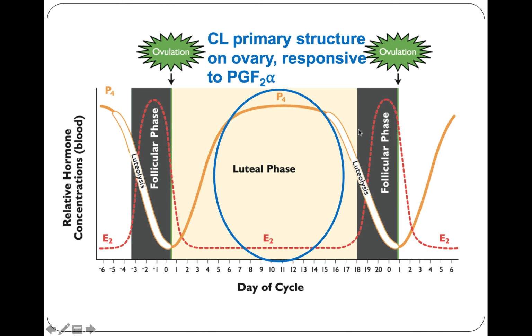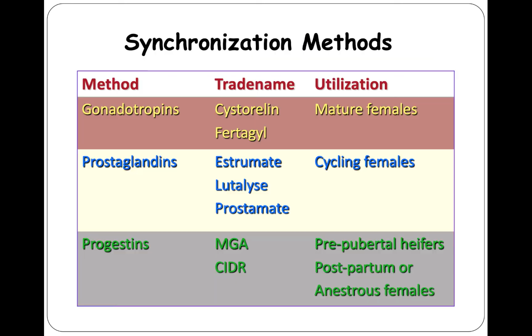And so we can do so by giving an injection of PGF2 alpha at any time when progesterone is high. And that will start this process all over again. So she'll come into heat within about 48 to 96 hours, somewhere in there.